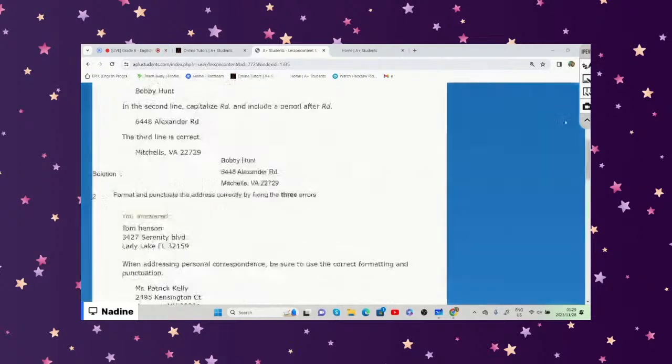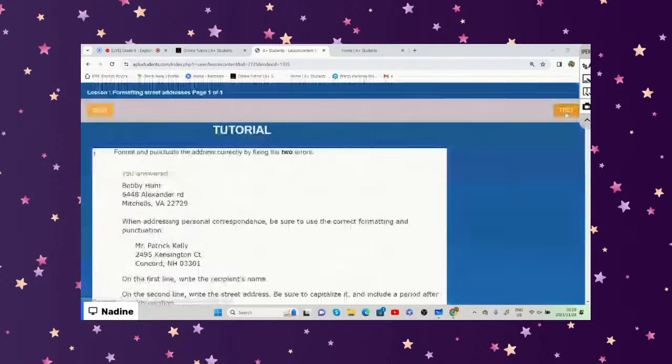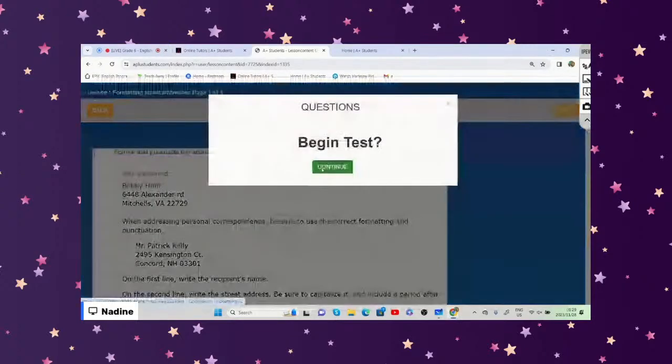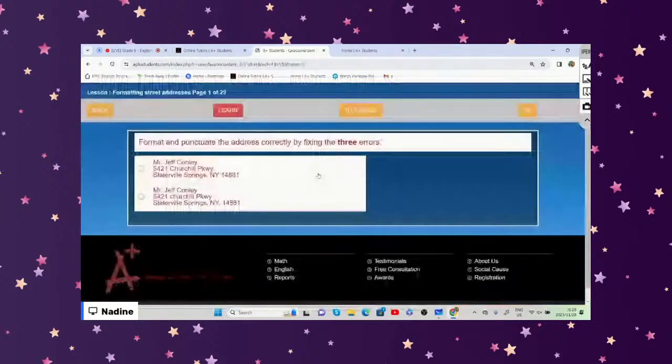All right, so now we're going on to our test. We need to format and punctuate the address correctly by fixing the three errors.